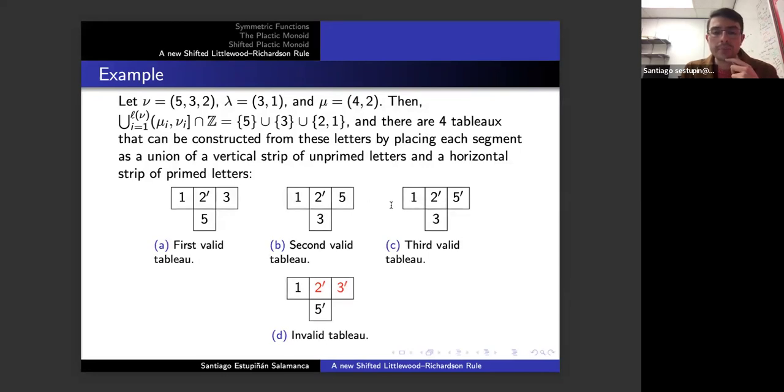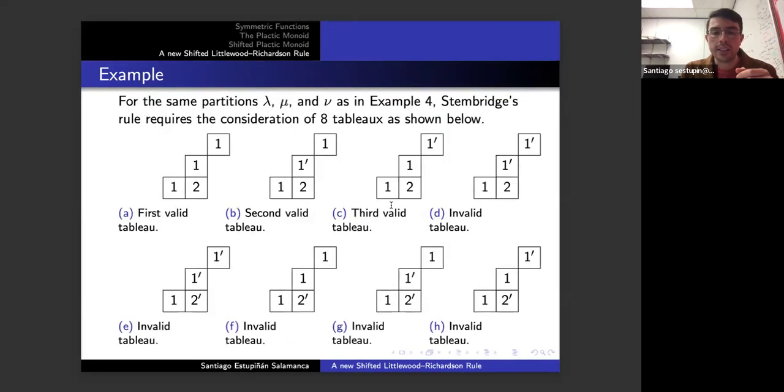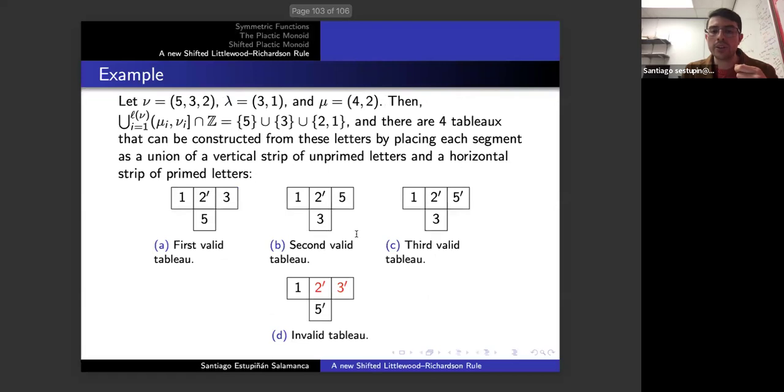But if we had to use the classical rule by Stembridge, there would be, for this case, 8 tableaux, and some of them invalid. So in general, we have to consider fewer tableaux, and checking these conditions, whether the tableau is valid or not, is also easier.